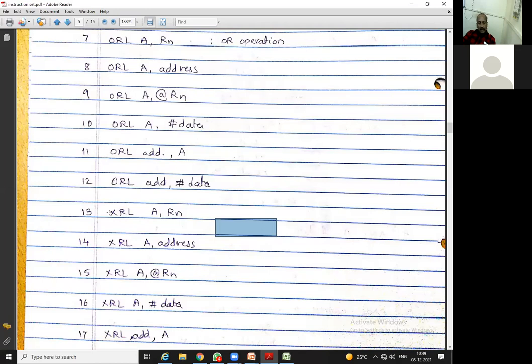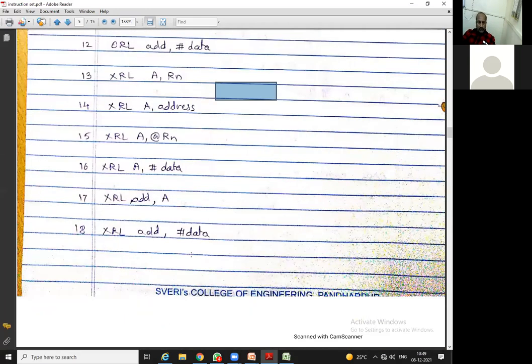Okay. So here we are only dictating the syntax and operation. That is what is written in those 110 instructions, which we are going to see today. So XRL A, Rn and all these instructions are related to XORing.